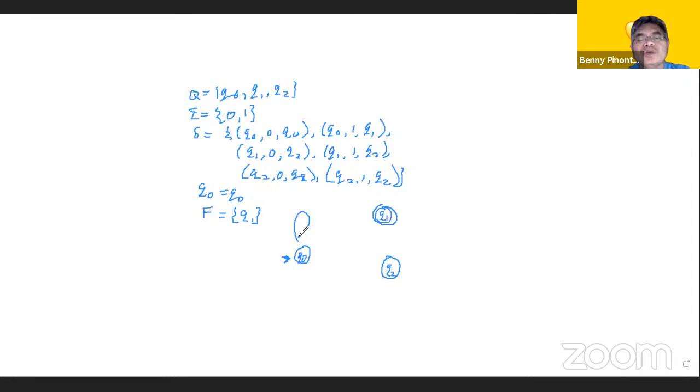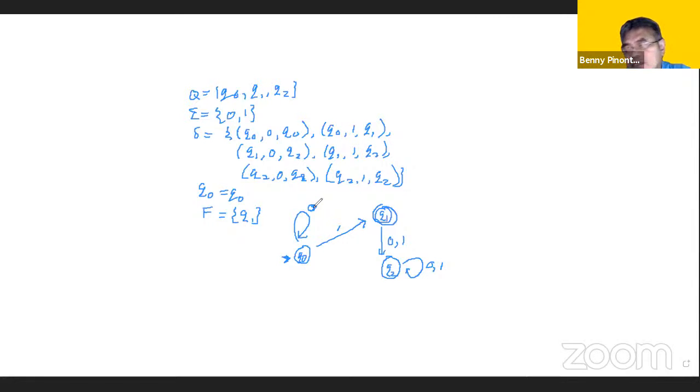So we have 0 here, and then 1 going there. And then this one with 0 and 1 going to Q2, and Q2 with 0 and 1 going back to Q2.